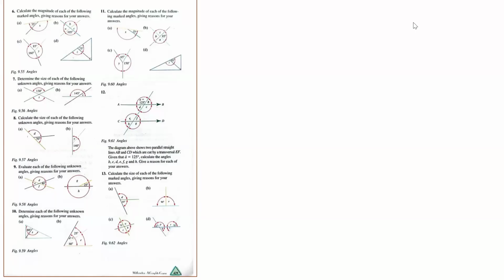All right, this one is easy. Let's do A, B, C, and D. It's a straight line for A, and then they have a line here.